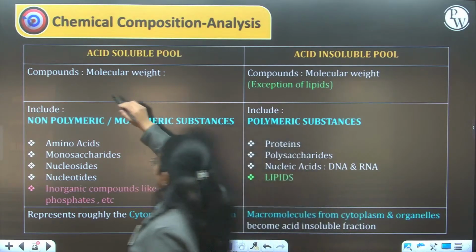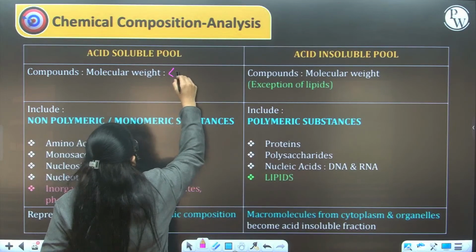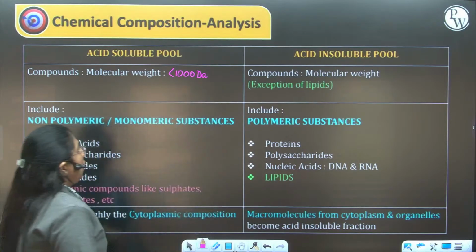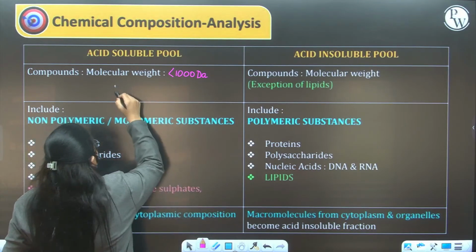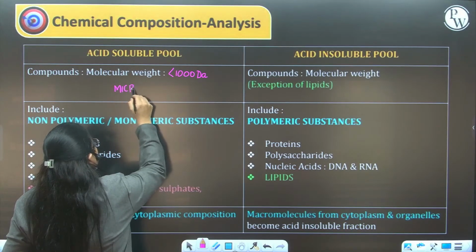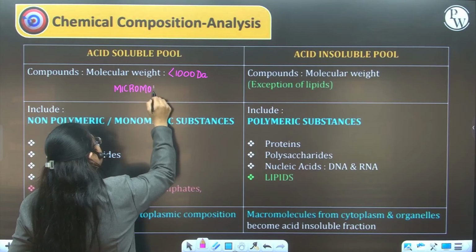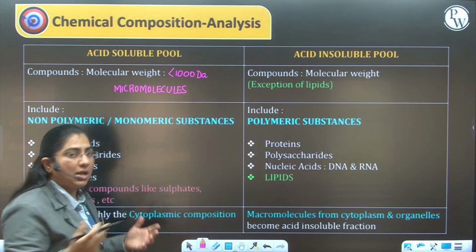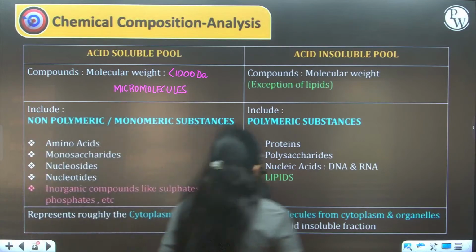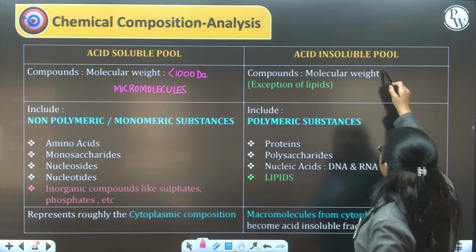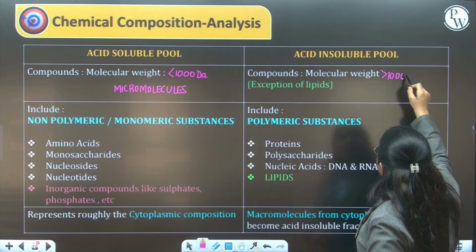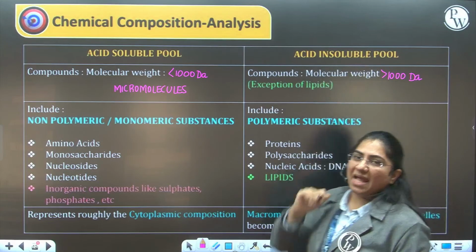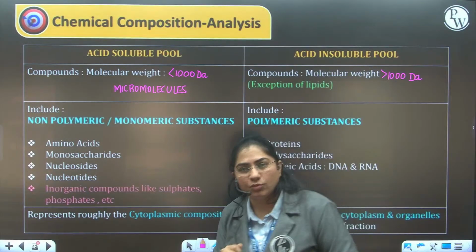So anything which has a molecular weight of less than 1000 daltons is what we call micromolecules, or simply biomolecules, as says the NCERT. Whereas anything with a greater molecular weight, more than 1000 daltons, will remain in the acid insoluble pool.